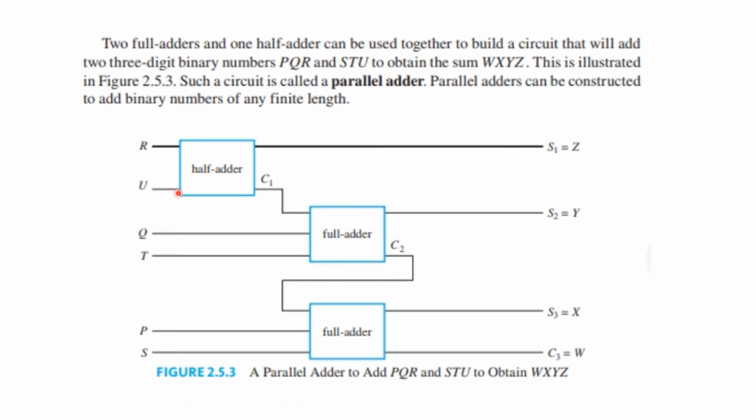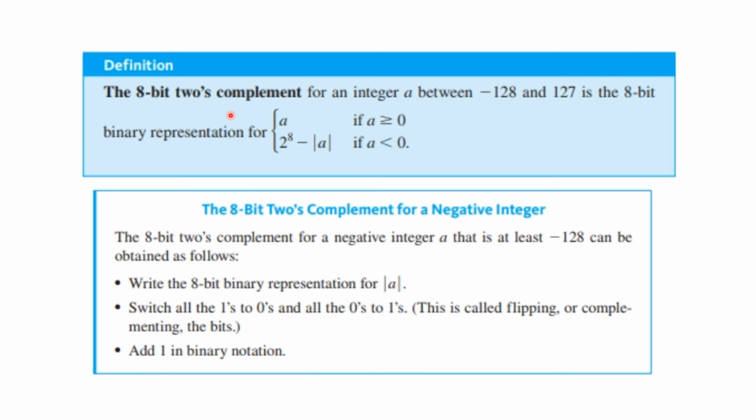Now this is called a parallel adder because you see you're adding R and U, and then you're adding Q and T, and then you're adding P and S. So you have a half adder here, and you have 2 full adders, so we have a parallel adder. Parallel adders like this could be constructed to add binary numbers of any finite length.